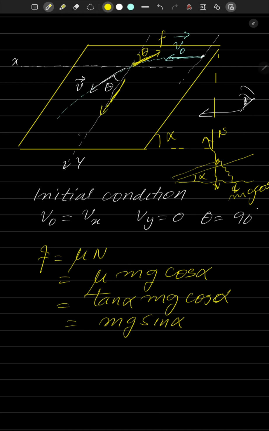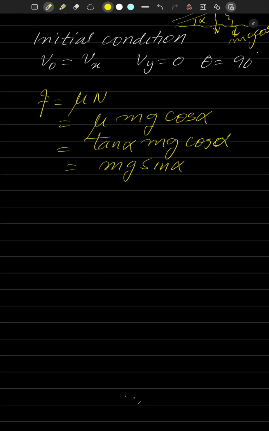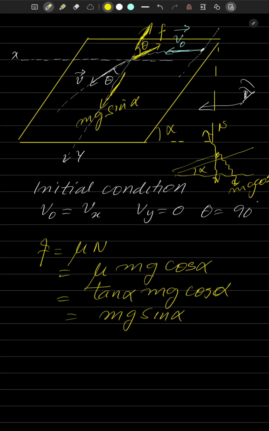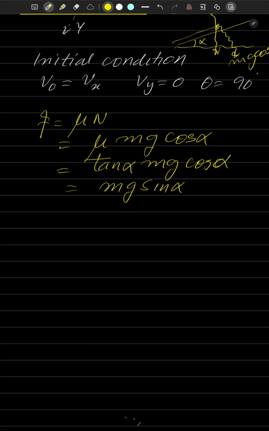Let us discuss the motion of this particle now in a two-dimensional picture. What compels the particle to come down? Of course, it is mg sin alpha. The opposing force of friction is not F but a component of F, that is F cos theta. Let us find the equation of the particle along the y-axis.